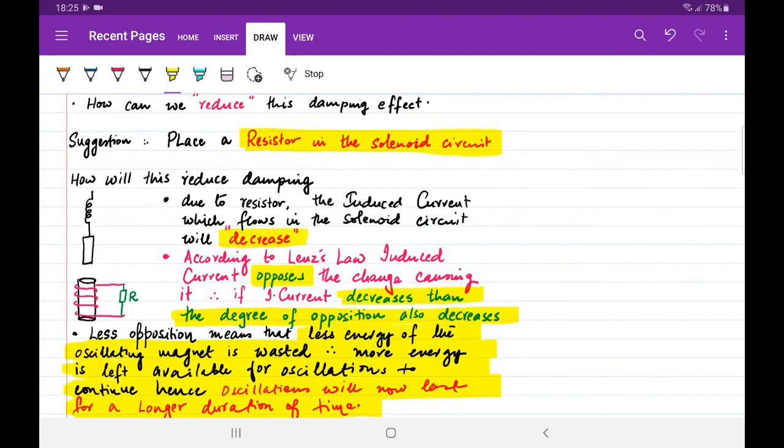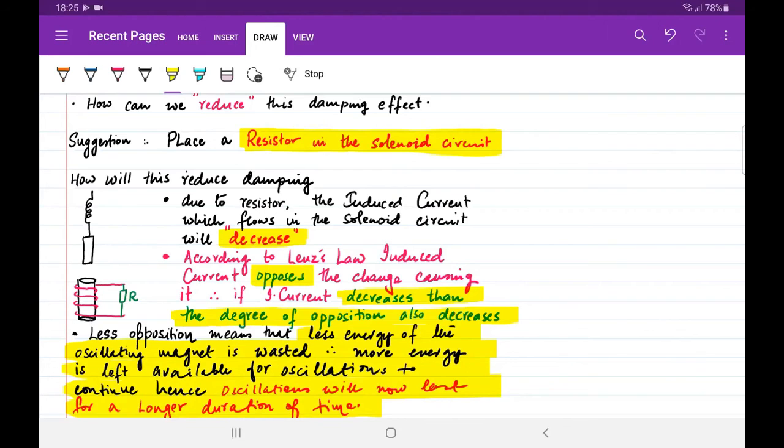है ना, जरा स्टेटमेंट्स को दोबारा देखो कि the placement of the resistor will curb down this damping effect. It will reduce this damping effect. And how would it achieve this? The first statement, due to resistor, the induced current which flows in the solenoid circuit will decrease in magnitude. Okay, so the larger the resistance, the lesser is going to be the amount of induced current that will flow.